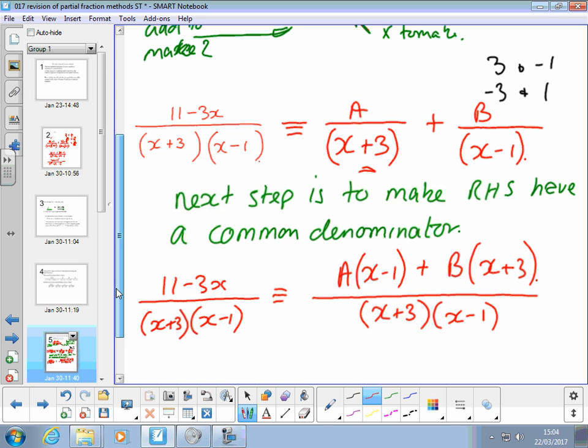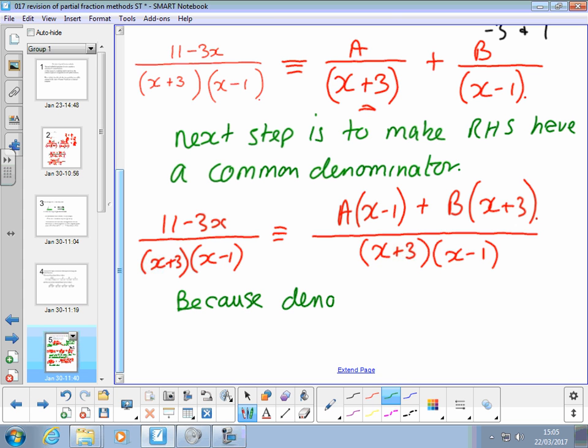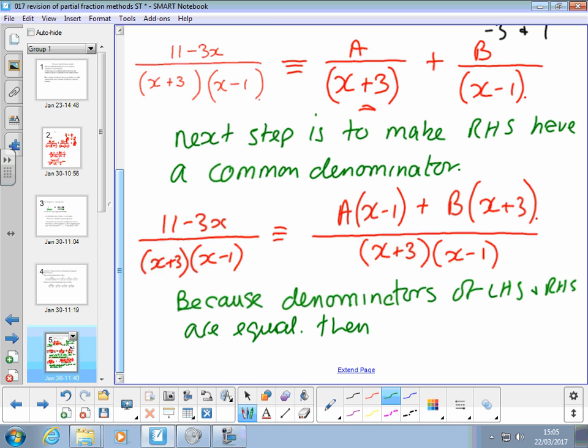What we do now is we say, because the left-hand side and the right-hand side are equal, then the numerators are also equal.